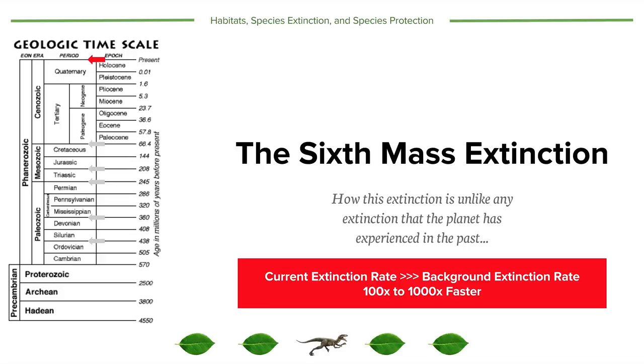Now, the background extinction rate is where species will naturally go extinct, which is about 1 in a million species per year. And now we are going much faster than that rate. And also, don't forget, this is a positive feedback loop. That means the more species go away, the more it leads to even more species going extinct.